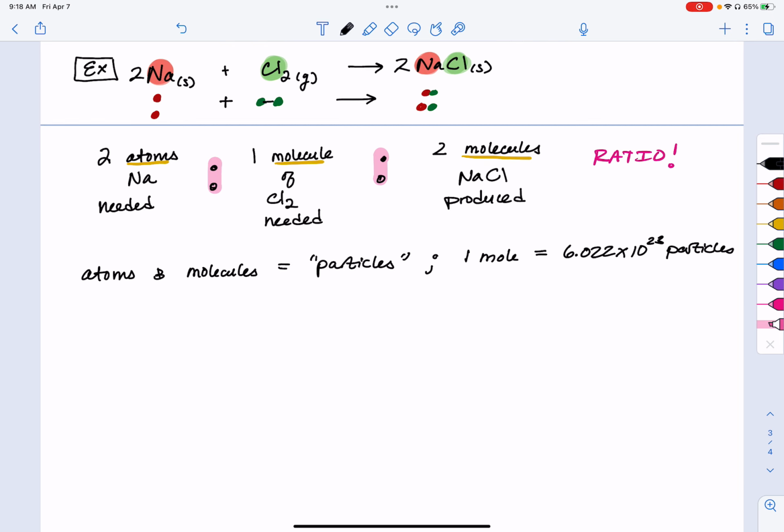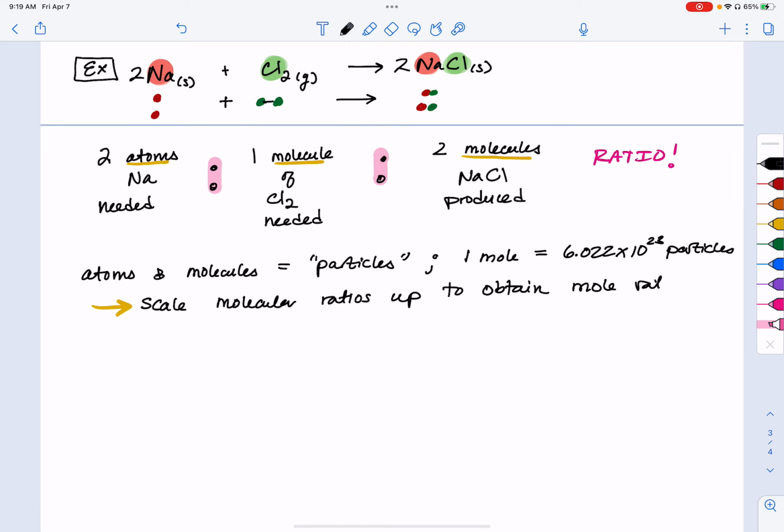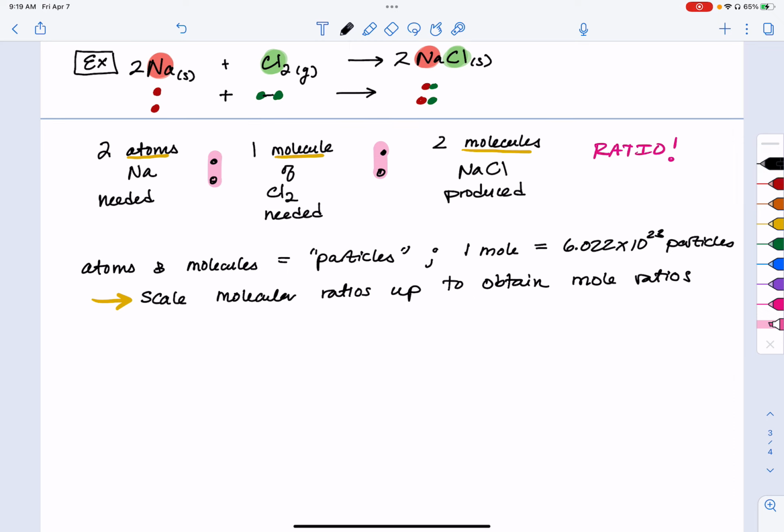So let's say instead of looking at our reaction as an atomic or molecular ratio, let's scale it up so that we get a mole ratio. So we are going to scale our molecular ratios up to obtain mole ratios.